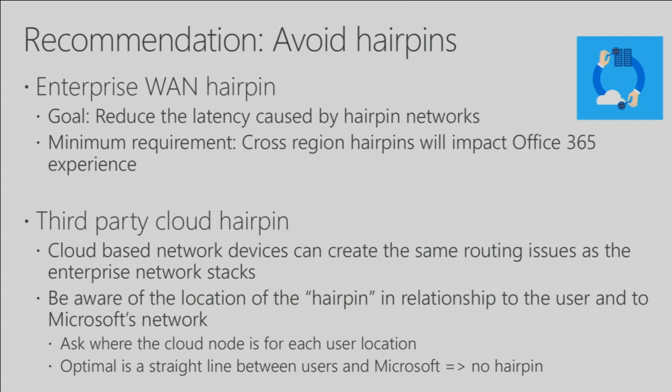So then there's the enterprise hairpin that you sometimes see, where people have user through enterprise WAN to remote internet connectivity point back over to where the user is because of that DNS lookup. And the third-party cloud hairpin that you might see if you're using a network as a service provider for some kind of networking device and it is in an infrastructure service that is just too far away.